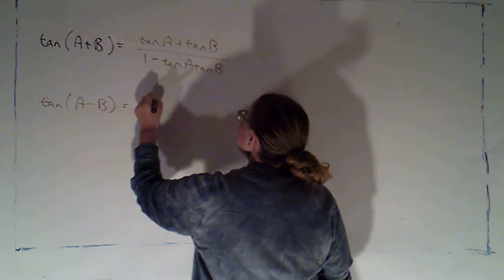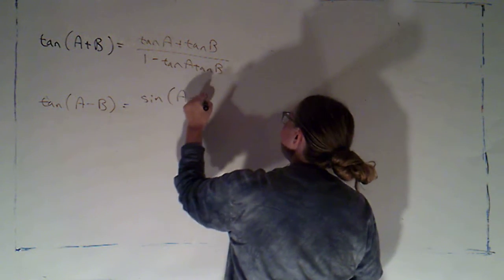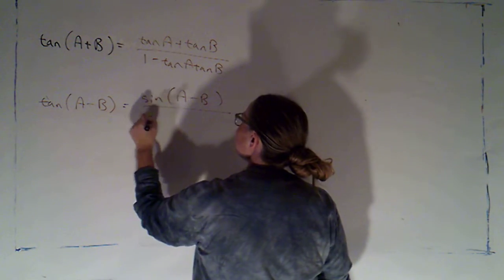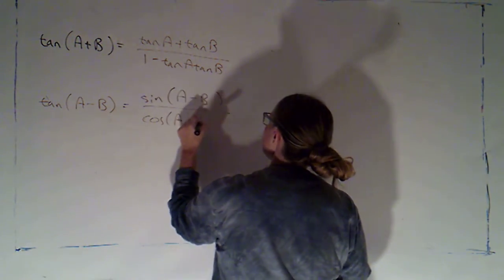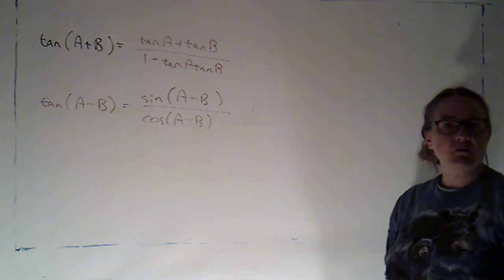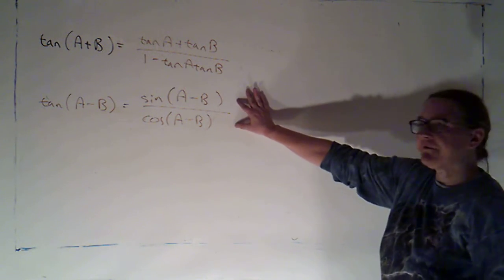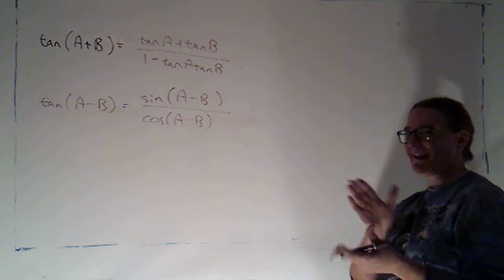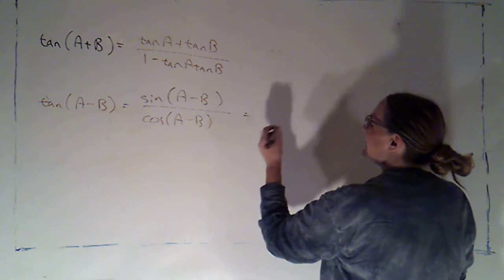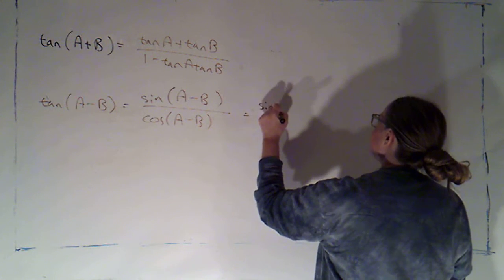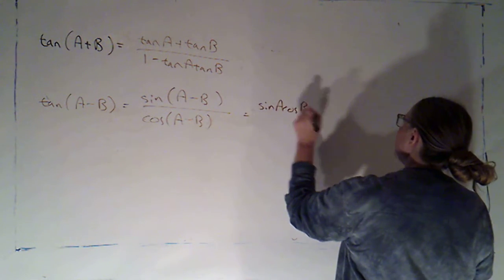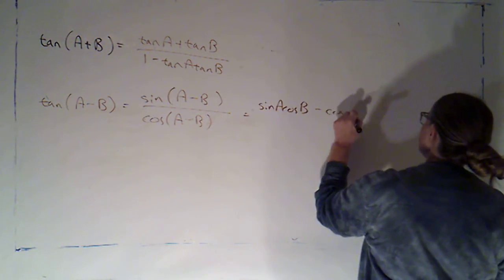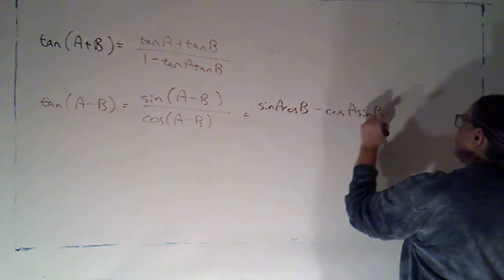All right. So hopefully this is what you did while the video was paused. Sine of a minus b over cosine of a minus b. And it's going to be so similar to what we just did because these difference formulas, remember, are just the same as the sum formulas except the sign in the middle is changed. So sine of a minus b is sine a cosine b minus cosine a sine b.